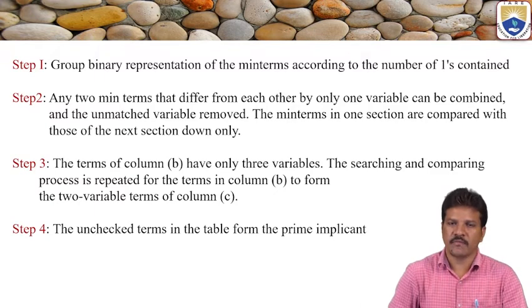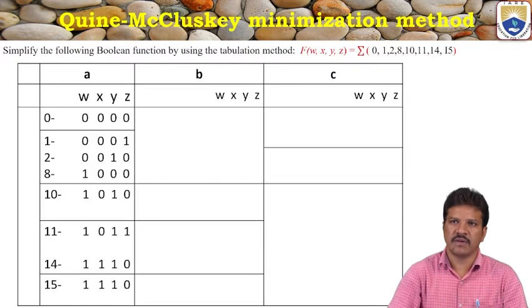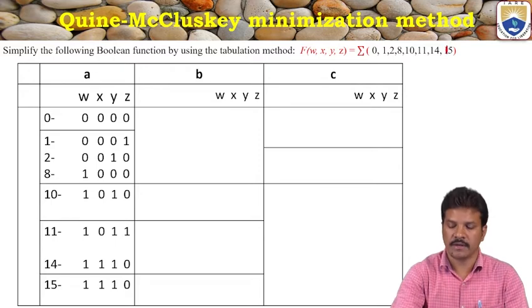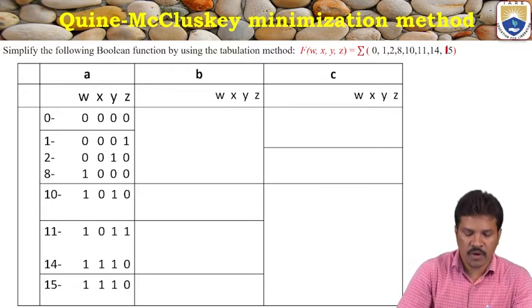Let us see step 1 for the given Boolean function. The given Boolean function is f(w, x, y, z) equal to the sum of minterms 0, 1, 2, 8, 10, 11, 14, 15.